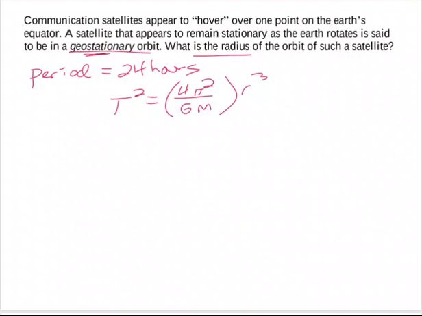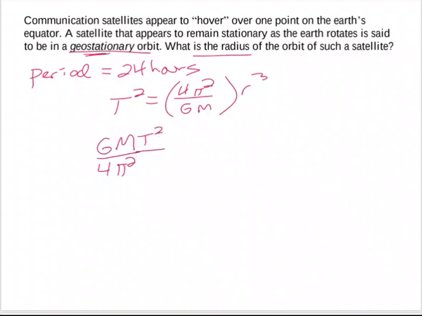We need to solve for R cubed, which means we have to solve for R. So the first thing we're going to do is divide by all of these constants. When I divide, really what I'm going to do is multiply by the reciprocal. That gives me GM over 4 pi squared times T squared. So that T squared is going to be in the numerator.